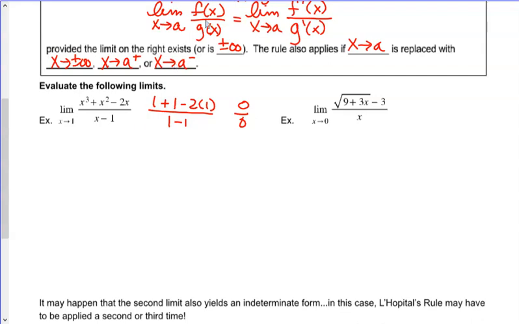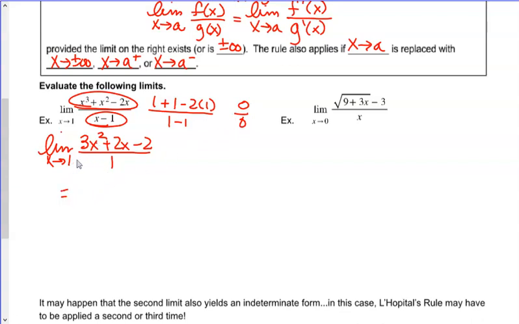So, by L'Hopital's rule, it says that the limit of this is equal to the limit of its derivatives. So I'm going to take the limit as x approaches 1, take the derivative of just that function separately, then this function. So the derivative of the numerator is 3x squared plus 2x minus 2. The derivative of the denominator is just a 1. Now this is going to tell me I'm not going to get this 0 over 0 again because this can never change.